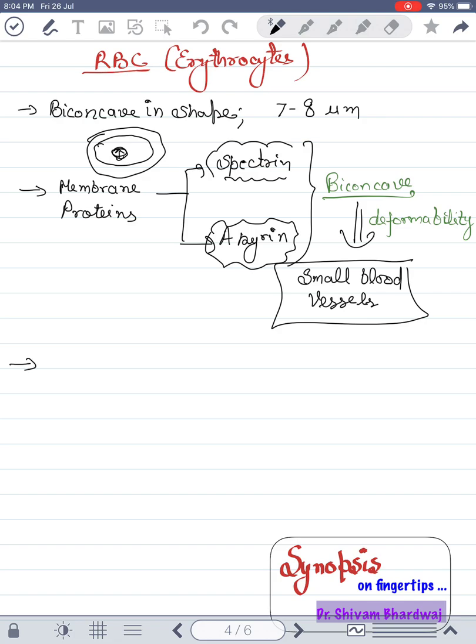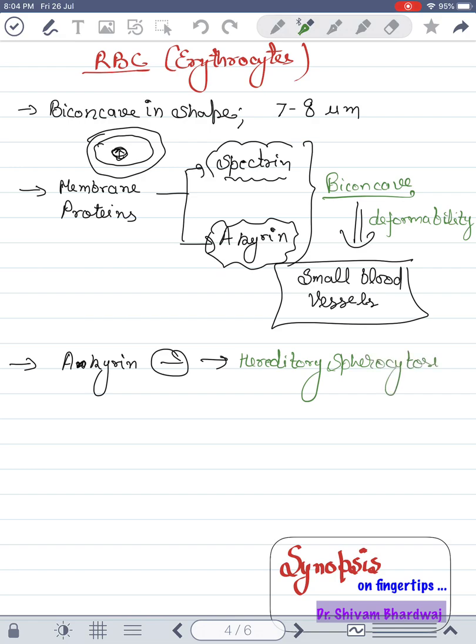So if ankyrin is absent, there is a condition known as hereditary spherocytosis. The biconcave shape of the RBCs is lost and they become a sphere.